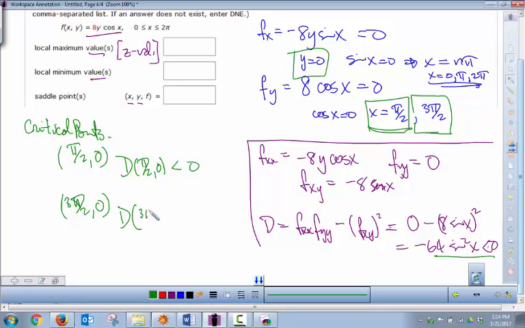So 3 pi over 2, 0, put 3 pi over 2 in for x. This is still going to be a negative number. So we got two saddle points. So I guess according to this, we don't have any local max or mins. We just have saddle points. So let's take a look at the picture.